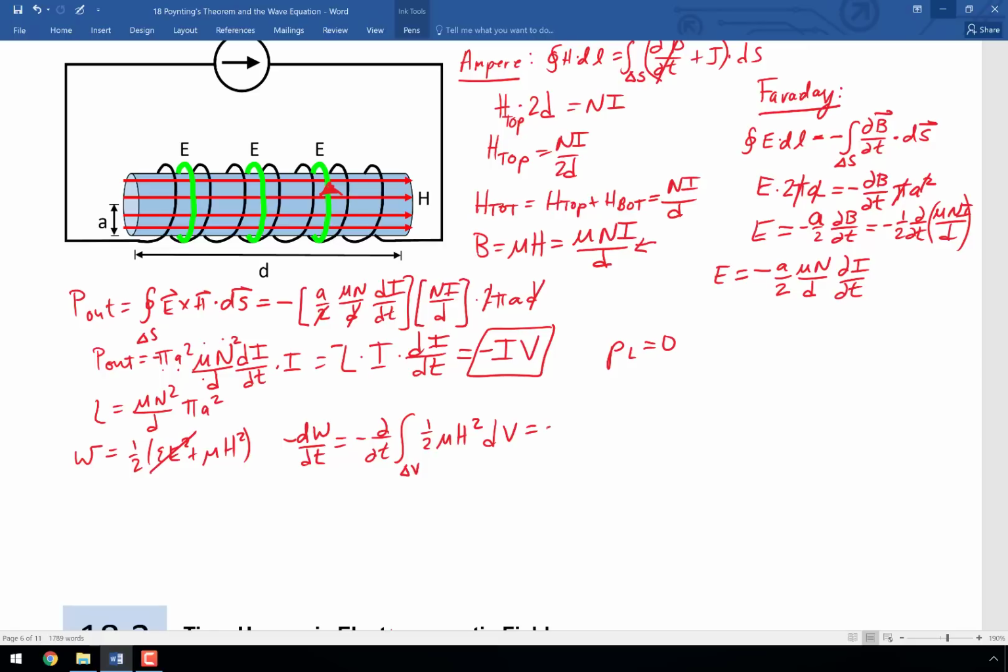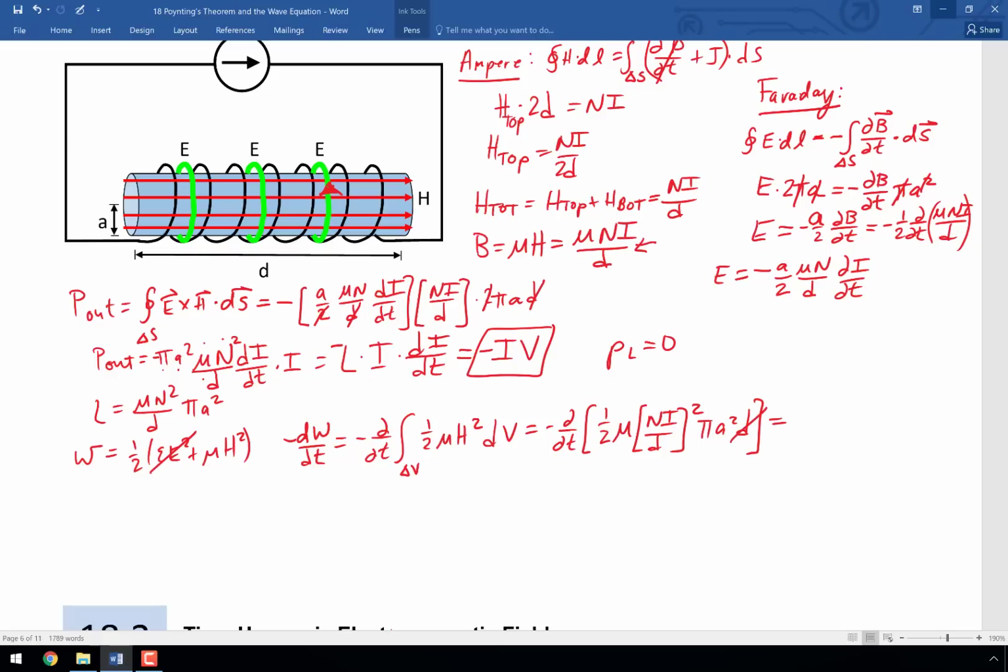So this is negative partial with respect to t of 1/2 times mu times my quantity of H. My H is Ni divided by D, squared. And then the volume is pi A squared D. A lot of these are constants.